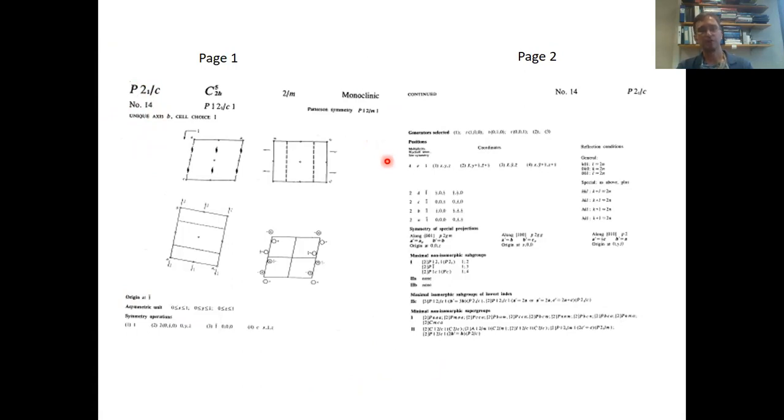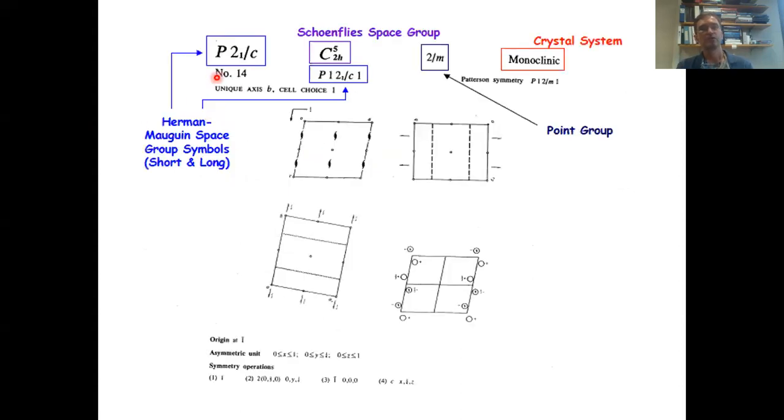I will not discuss all aspects of the information that you can find here, but only the most important ones. So let us more closely look at this part here.